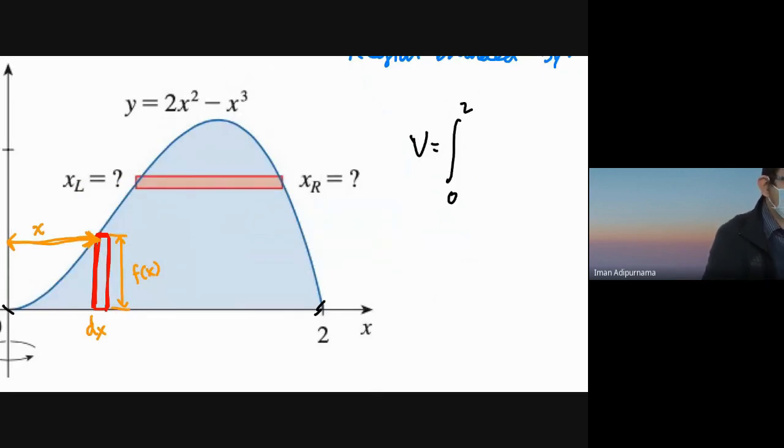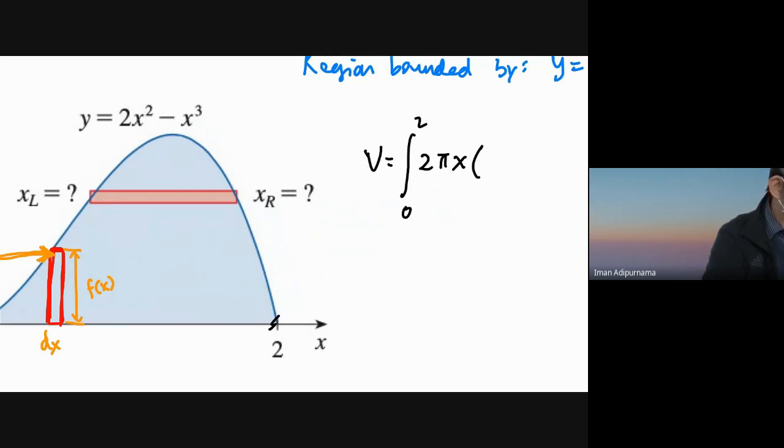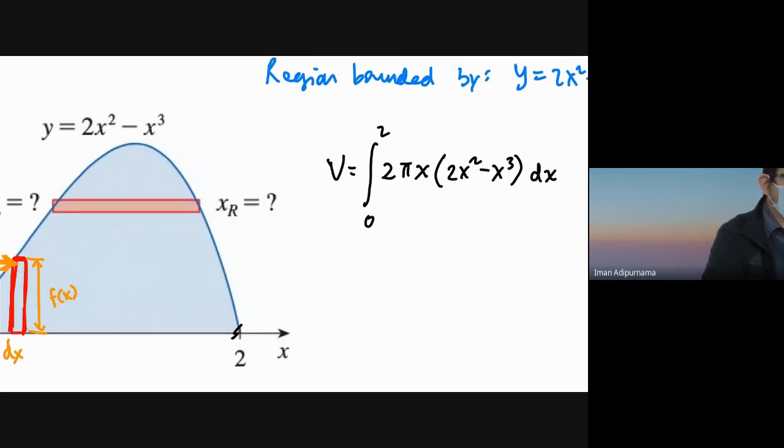So the volume will be the integration from 0 to 2, 2 pi x, and then the height is 2x squared minus x cubed, and then dx.